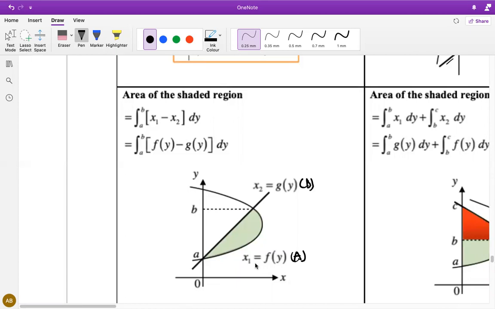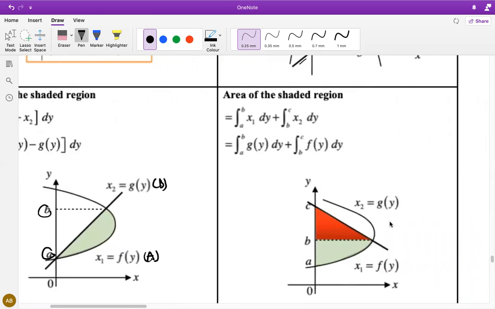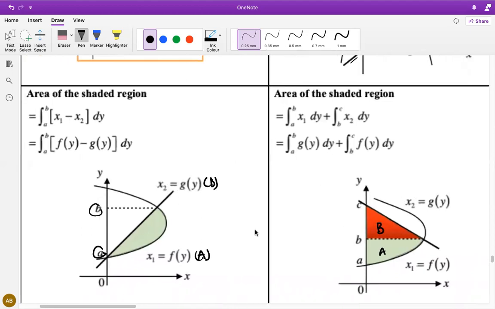Therefore it's x1 minus x2, or fy minus gy, from A to B if they intersect each other. If not, it will be like this. This part will be A and this part will be B. We use A to B for the curve and then B to C for the straight line. For the straight line you can usually use the area of a triangle or the area of a rectangle.